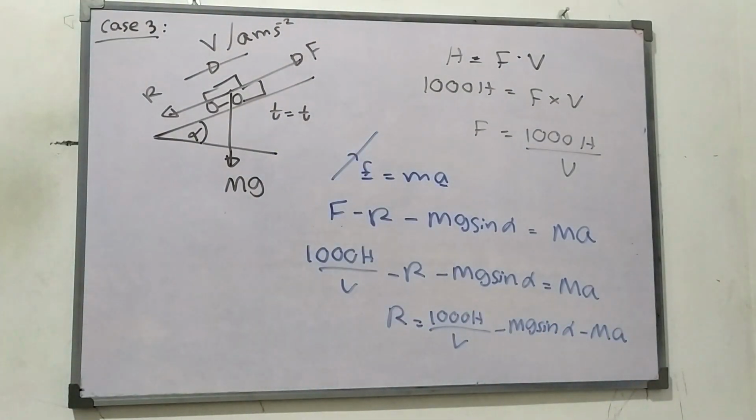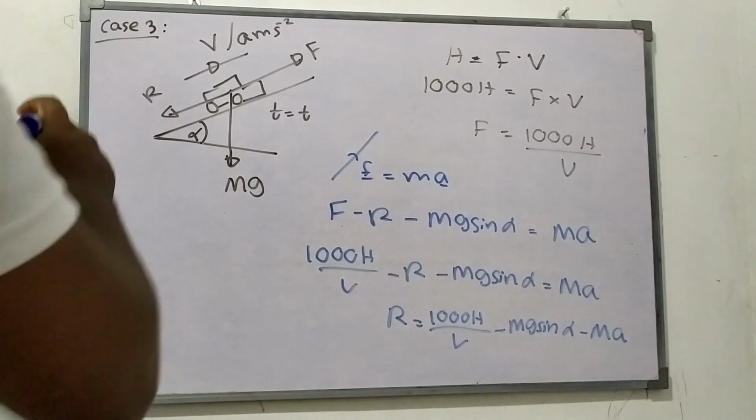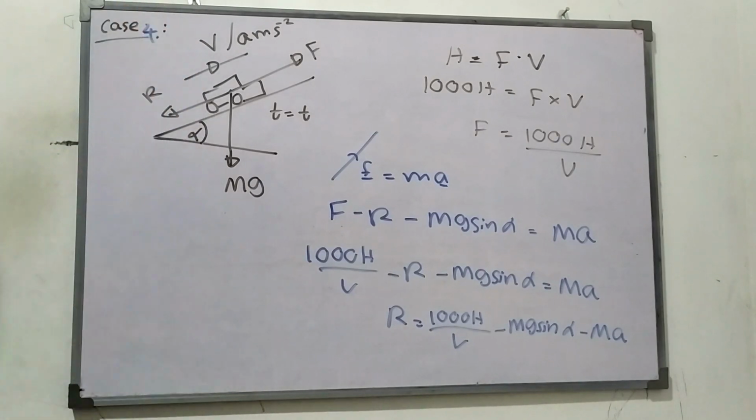This is the resistance R when a vehicle is moving on a straight inclined surface with the acceleration a. Okay, this is case number 4.